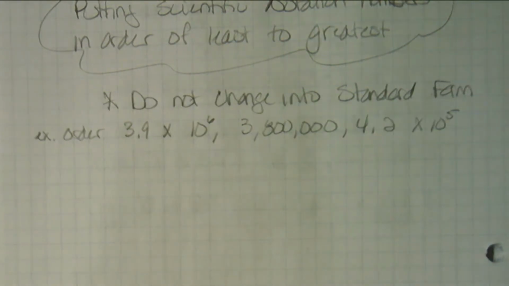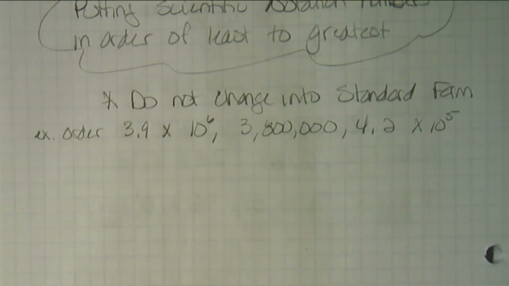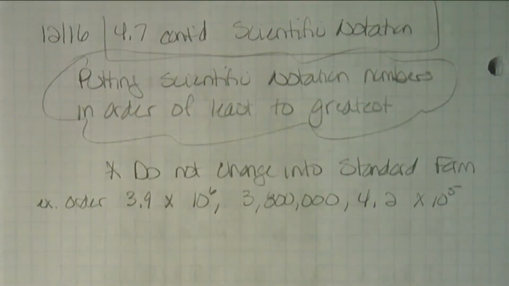We are just starting with our notes, ladies. All right, we're in 4.7. We are putting scientific notation numbers in order of least to greatest.